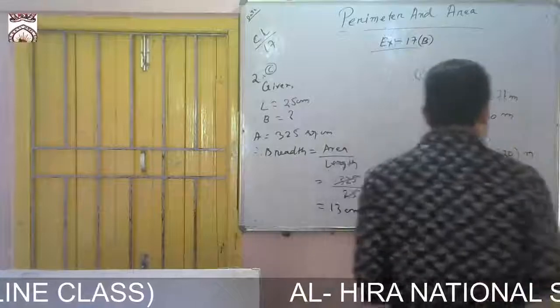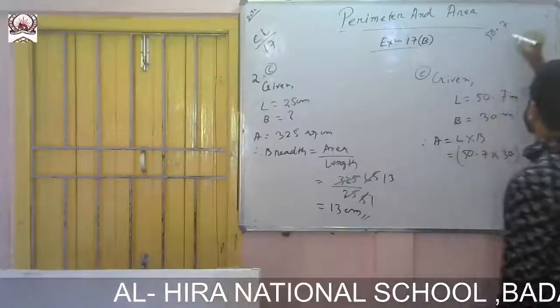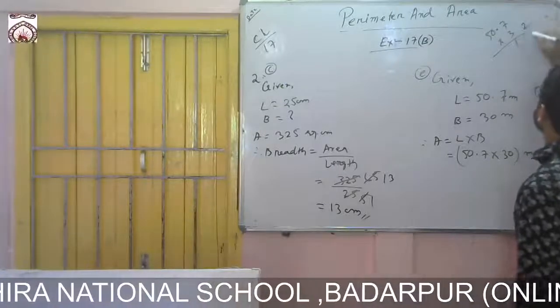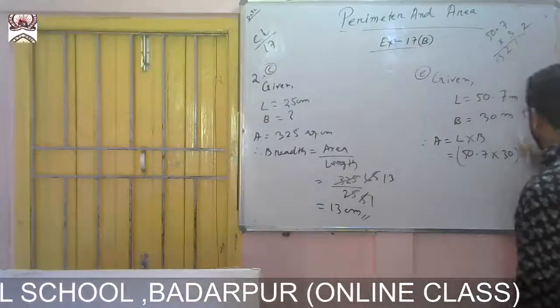So 50.7 you multiply with 3, 0 will be left, later we shall count 0. 7 3 are 21, hand remain 2. Then 3 zeros are 0, then 2. 5 3 are 15, and 1 0 remain.